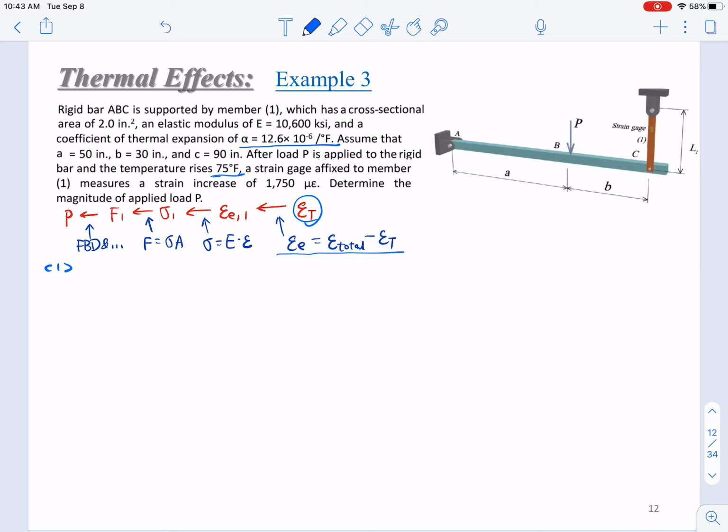Delta T is here, right? So easily the thermal strain can be calculated from alpha times delta T, that is 12.6 microstrain per degree Fahrenheit times 75 degrees Fahrenheit, which is 945 microstrain.